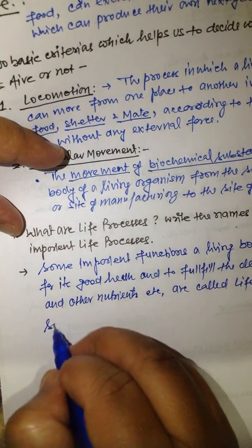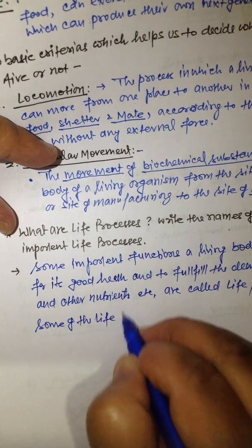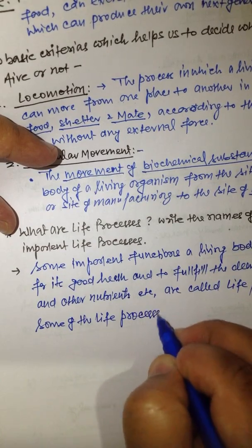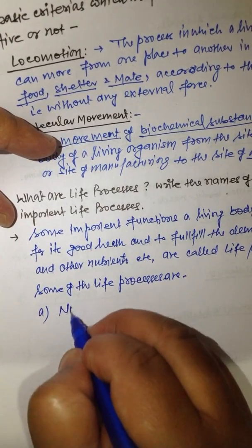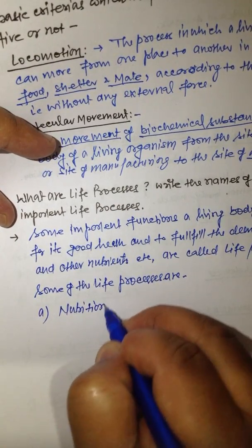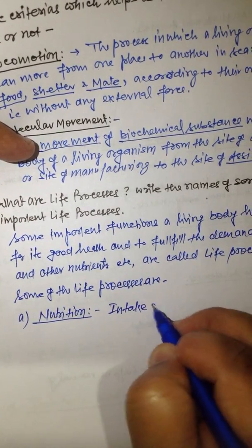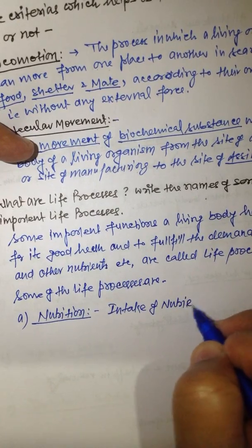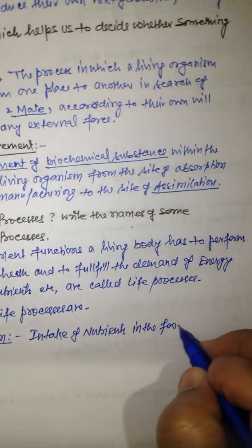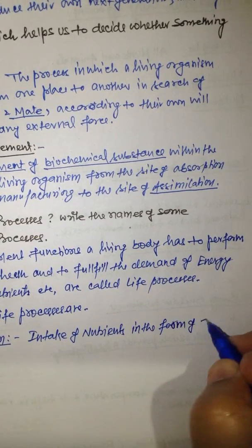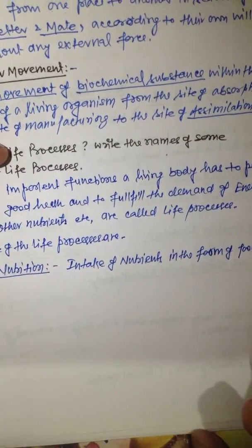Some of these life processes are: first, number one, nutrition. That means intake of nutrients in the form of food. Okay, that can be digested food that can be directly absorbed by another body.